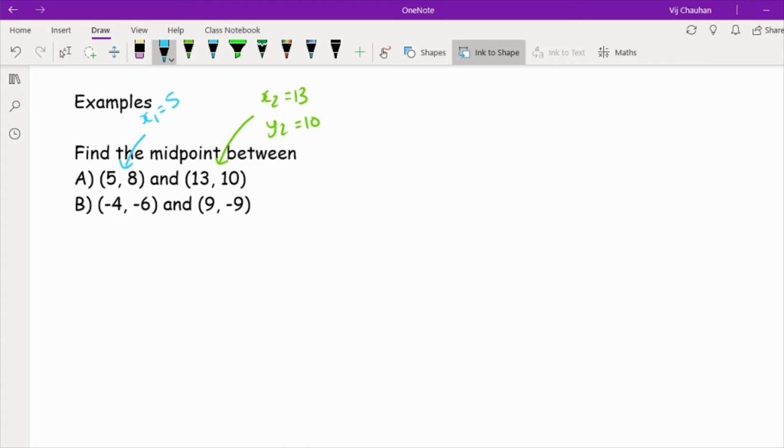So substituting those numbers into the formula that we've just mentioned, here we go.